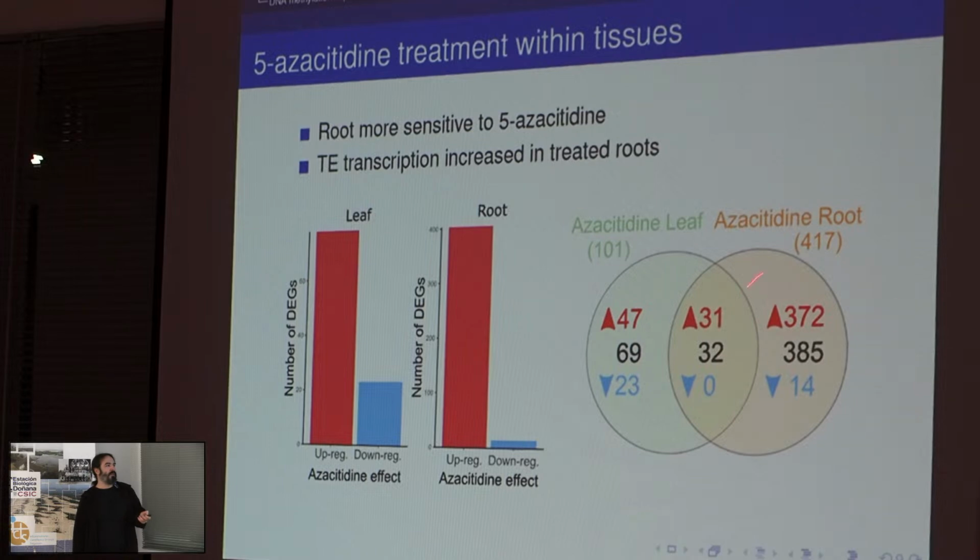When I ran GO term enrichment analysis to see which functions, which biological processes were overrepresented in the sample of those differentially expressed genes, I noticed that a lot of them were related to transposable element transcription.